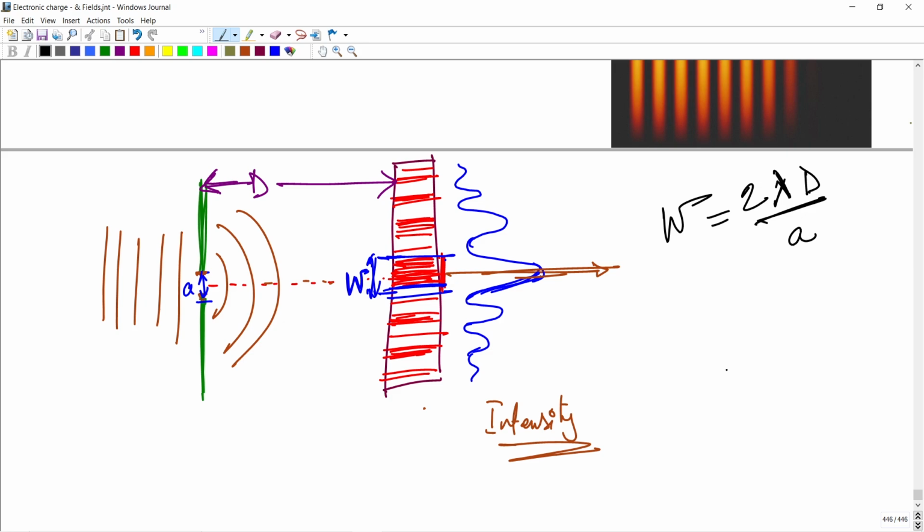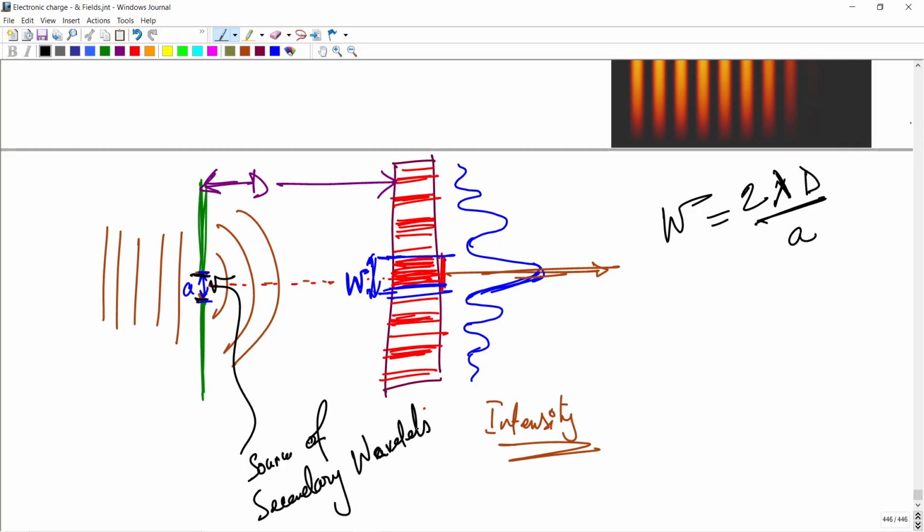Here you see that each point of a wave going through a gap, a very small narrow gap, a slit or a pinhole, acts as a source of secondary wavelets. The light wave passing through this gap gives secondary wavelets, and these spread out over the whole region.